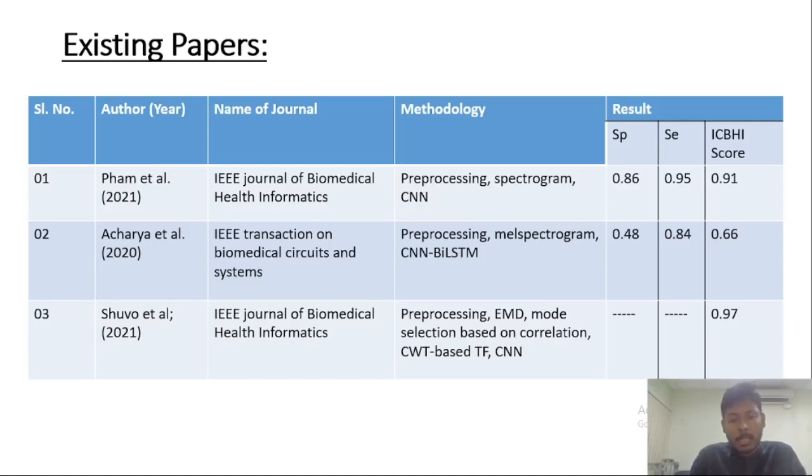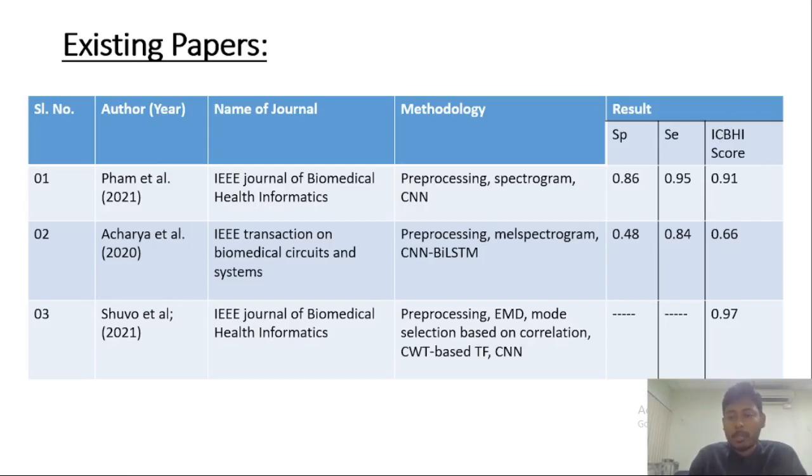After that, they applied the spectrogram as an image and fed it into a CNN. These are the metrics, specificity and sensitivity, and the ICBHI database itself introduced a new performance metric known as the ICBHI score, which is basically the mean of specificity and sensitivity.